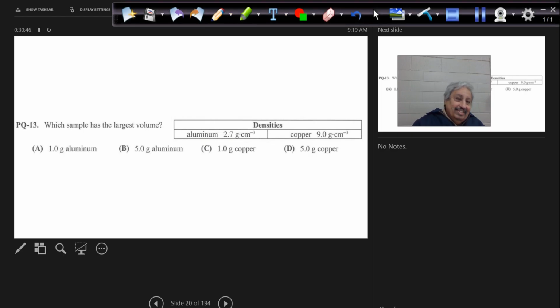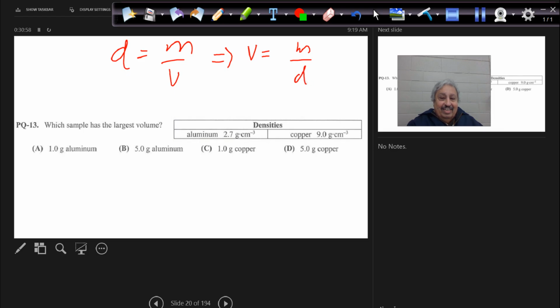So density is mass over the volume. I need the volume now, the second sub-formula. So the volume here is mass over the density, correct? So do I have to do calculation? Not really. I have just to compare those values. So mass, which is here 1 gram, divided by the density, this is aluminum, by 2.7.